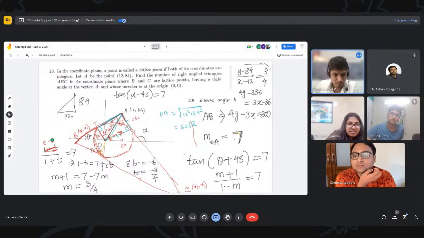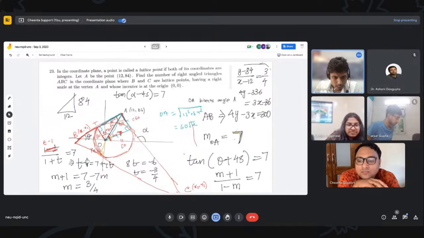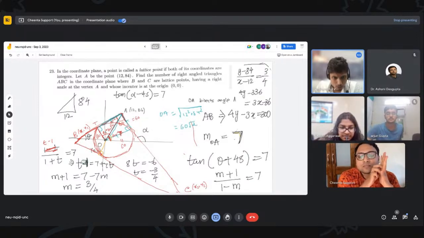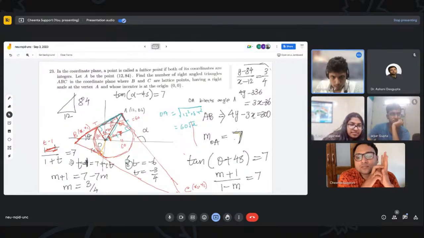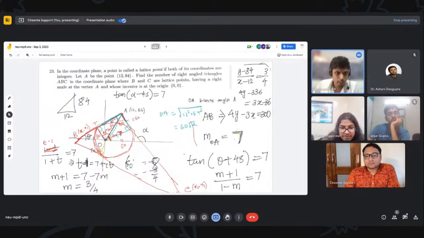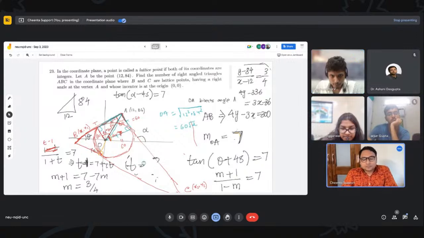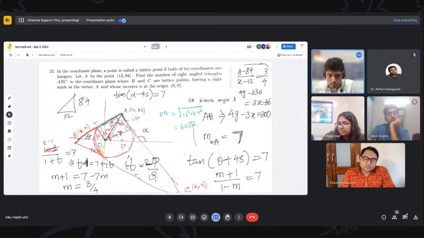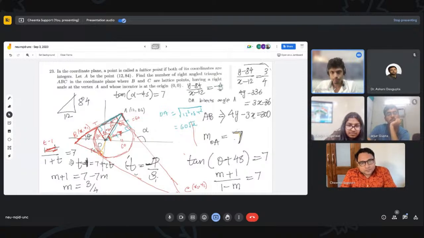So t minus 1, so we will get 6t is equal to minus 8. So minus 4 by 3, and that is correct because the product should be minus 1. Minus 4 by 3 means y minus 84 by x minus 12 is minus 4 by 3.